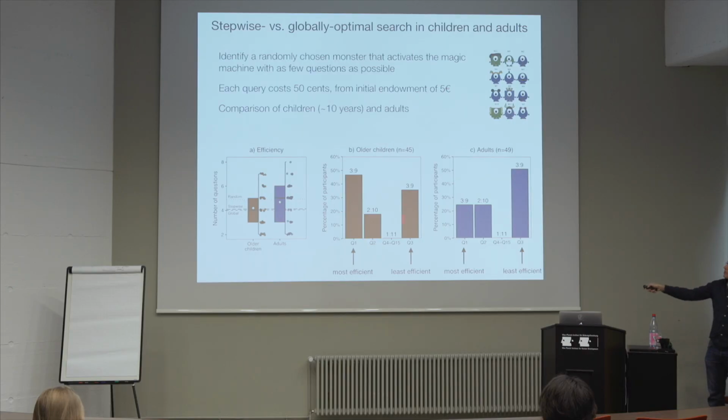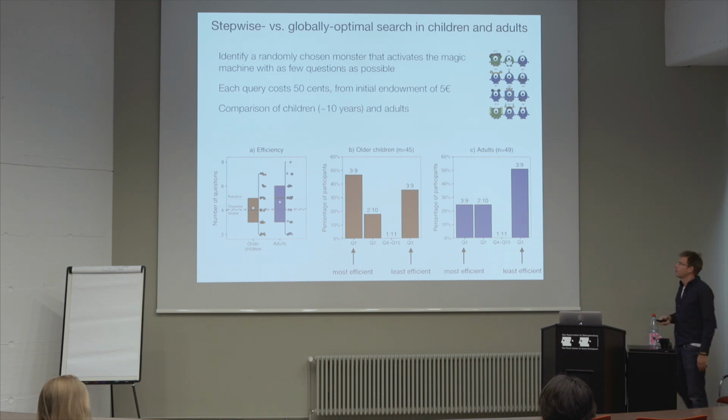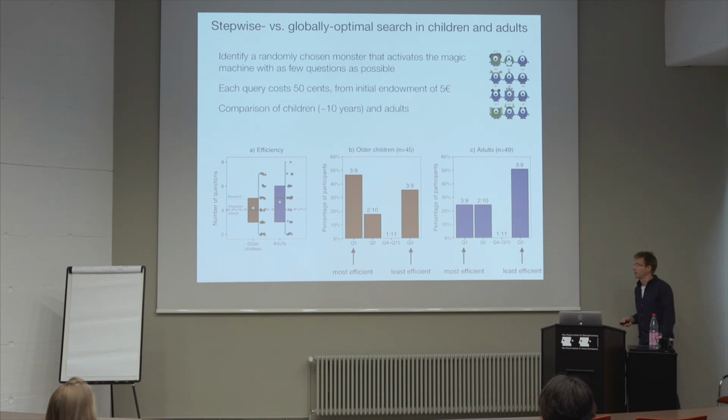What you see here is the proportion of subjects choosing one of the questions. This is the color question, the most efficient one, and this is the shape question. That was all counterbalanced in the experiment, but for this particular set, these are the questions. This is the most efficient one, this is the least efficient one.